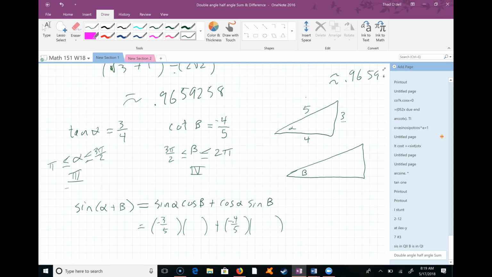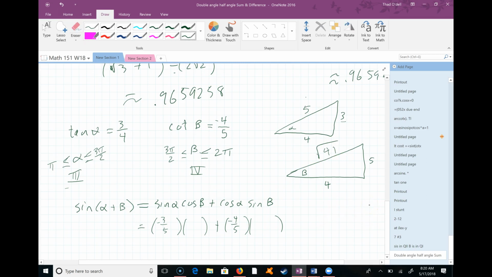And then if we go back to beta, cotangent is 4/5, so that means the adjacent is 4 and the opposite is 5, which means the hypotenuse would be, what? The square root of 25 plus 16, right? So that's going to be the square root of 41, just using the Pythagorean theorem.